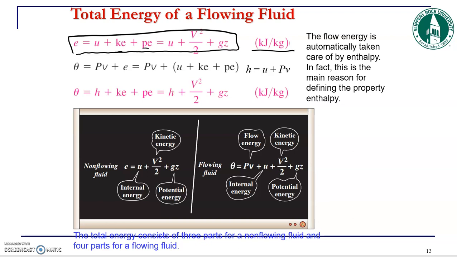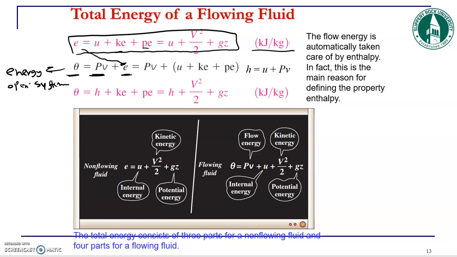And if you want to write an equation for an open system or a control volume, we usually show the energy with theta. So theta is still the energy, but that's for an open system or control volume. And we have this extra term, which is P multiplied by nu plus the energy of a closed system, right?